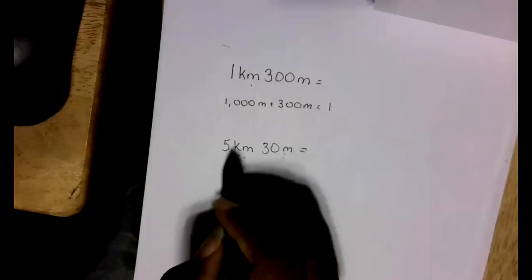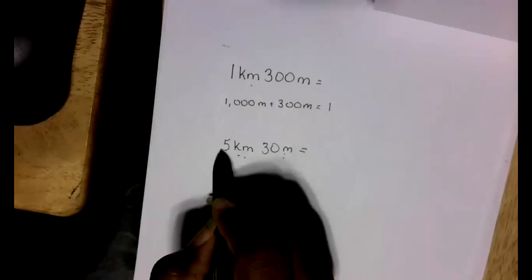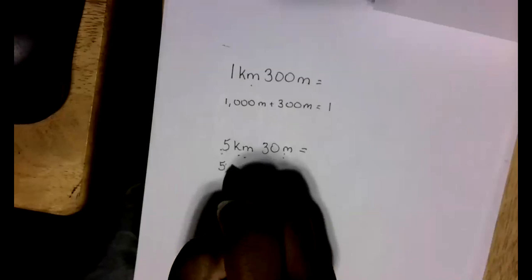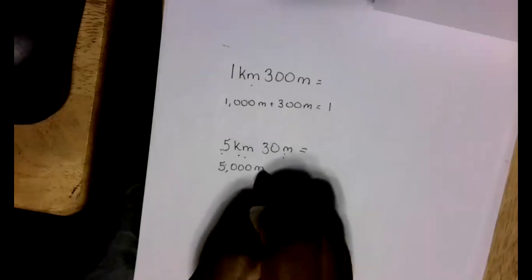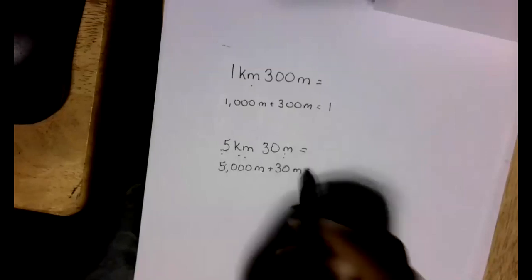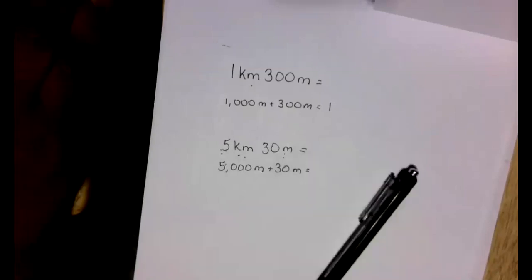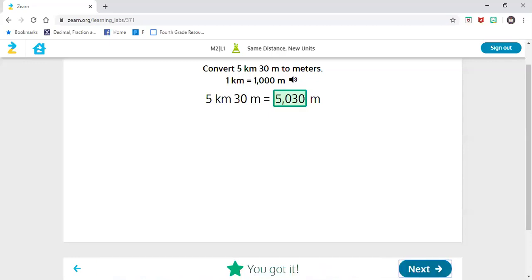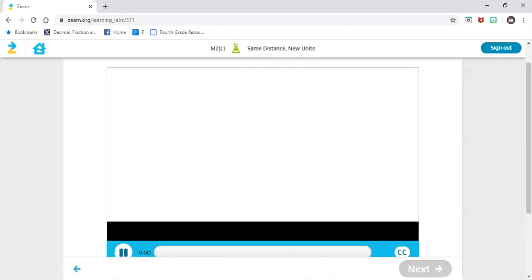And for every kilometer, I have 1,000 meters. So if I have 5 kilometers, that tells me that I have 5,000 meters plus the 30 meters that I already had. So we're going to add those together. And so that's going to give us 5,030 meters. Good job.